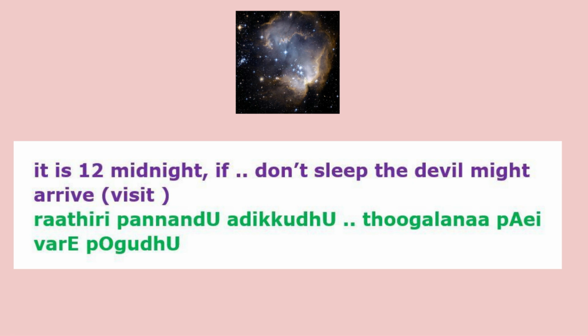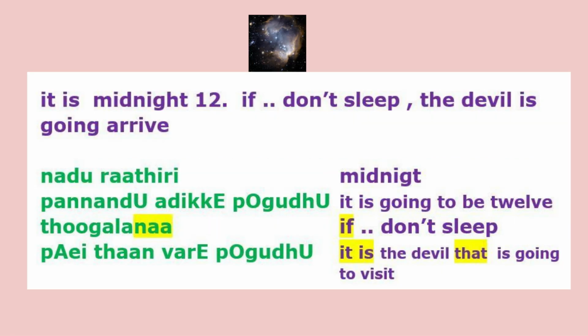If you don't sleep, but தூங்கலன்னா, it doesn't say about if you or they or I. It's just தூங்கலன்னா பேய் வரப்போகுது. ராத்திரி 12 அடிக்குது, தூங்கலன்னா பேய் வரப்போகுது. It is midnight 12. If it could be you, I, or anybody, don't sleep, the devil is going to arrive.